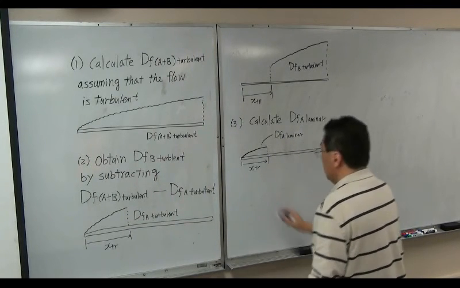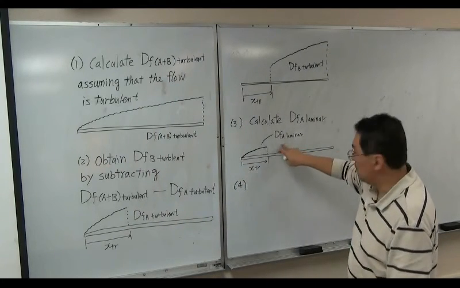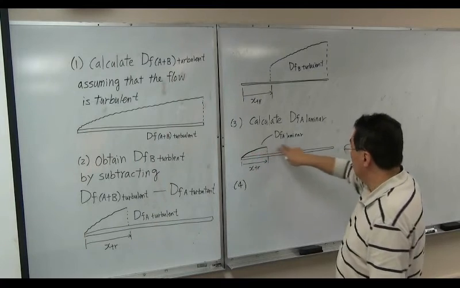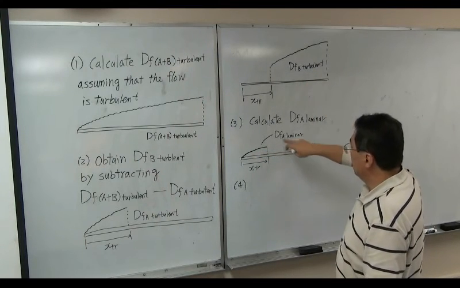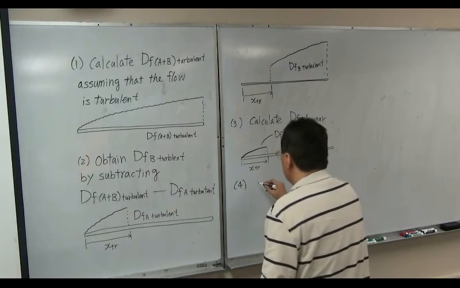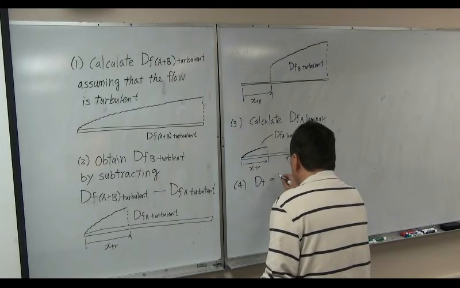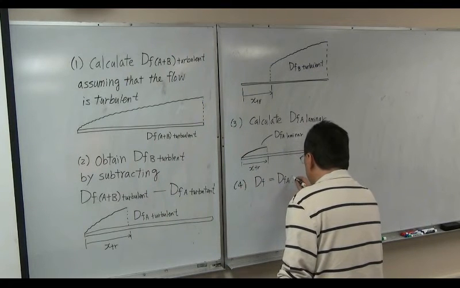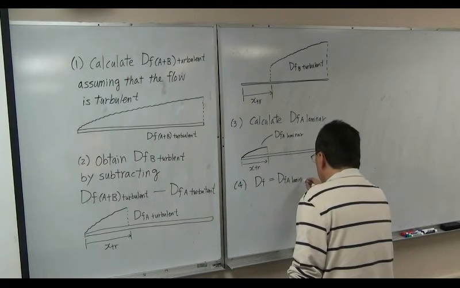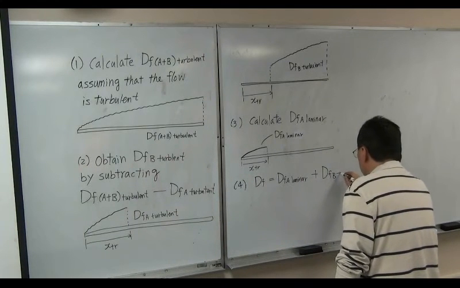Okay. Step number 4. Of course, you can add them together, right? Because area A you have a laminar flow, area B you have a turbulent flow. So whatever the skin friction drag obtained here and here, you can add them together. So you can say dF is equal to dFA laminar plus dFB turbulent.